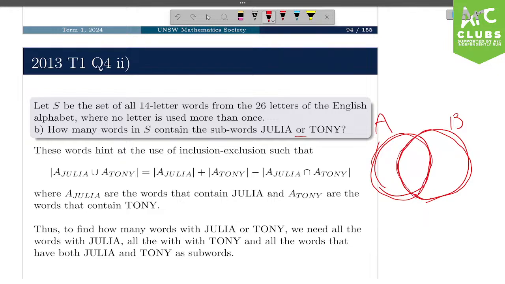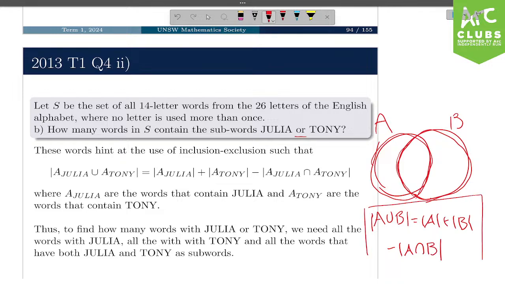So you have to subtract that at the end. Basically, inclusion-exclusion is just subtracting the double counting you're doing. So in this simple case, the cardinality of A union B is equal to the cardinality of A plus the cardinality of B minus the cardinality of A intersect B. So this is inclusion-exclusion, and we use it for this question.